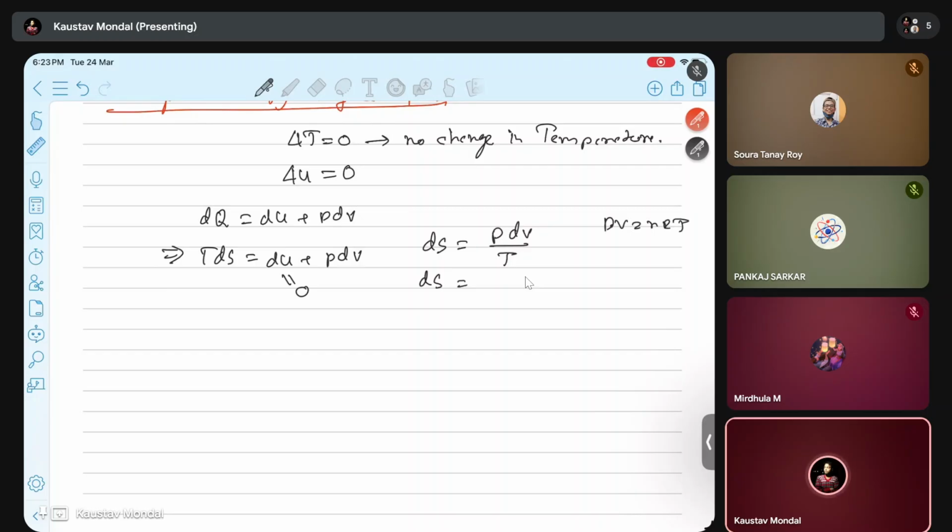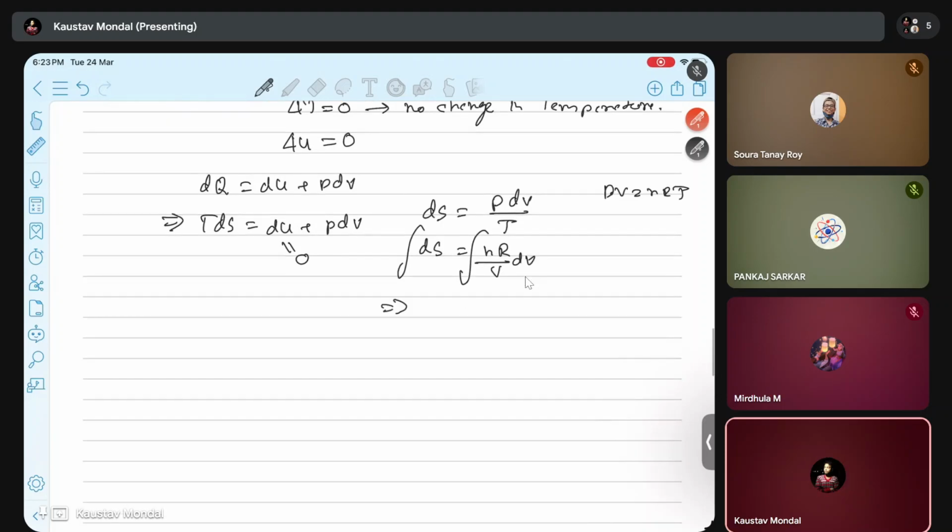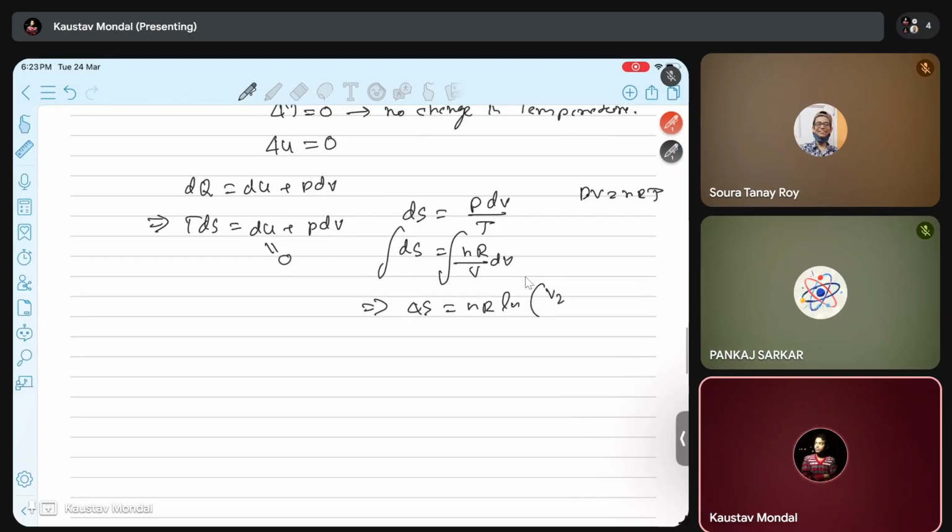So from here you can write P by T as nR by V. If you do the integration, you will get delta S equal to nR ln V2 by V1. So this is the change in entropy for the case of a free expansion.